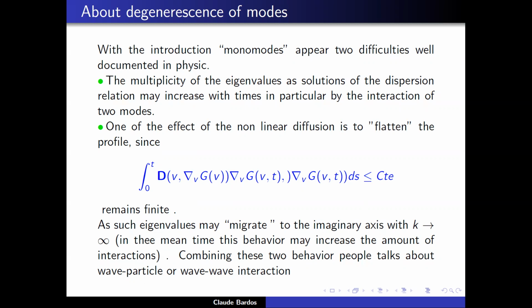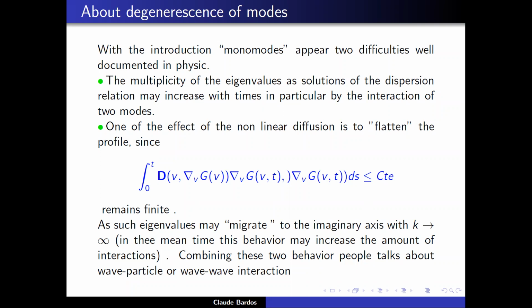Now, if you look at this equation, it conserves the mass, but it introduces the integral of D of gradient of G, V, gradient of G squared dv dt. This is bounded.